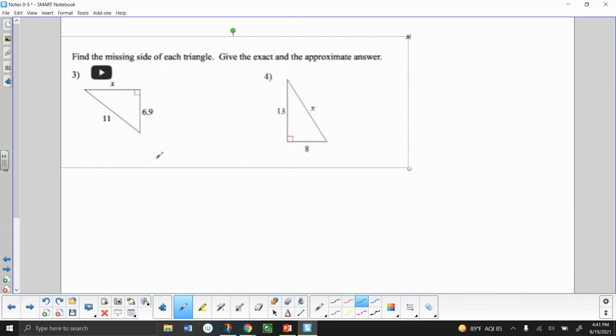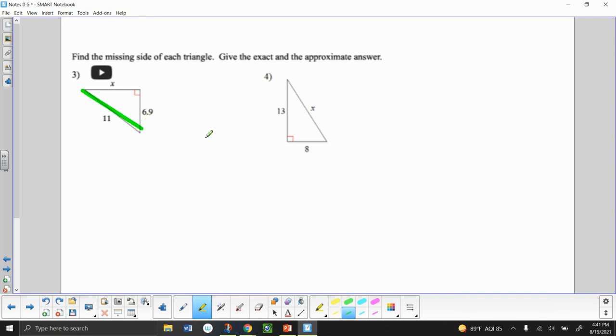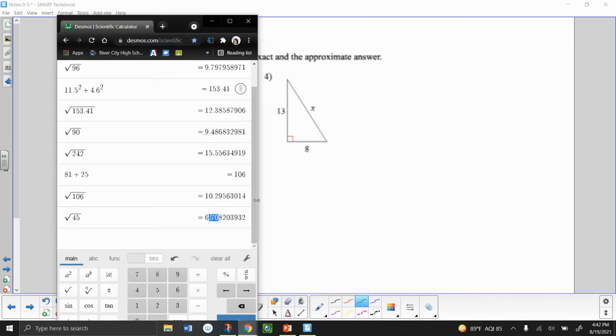All right, next one here. Again, I'm going to use Pythagorean theorem. So I'm going to highlight my hypotenuse, which is this one. Okay, and then these are my legs. So x squared plus 6.9 squared is equal to 11 squared.